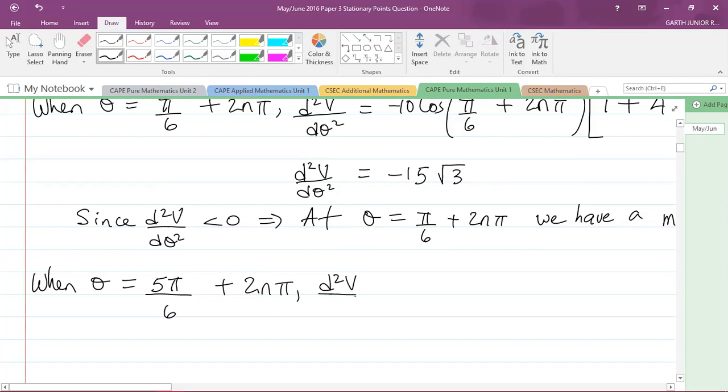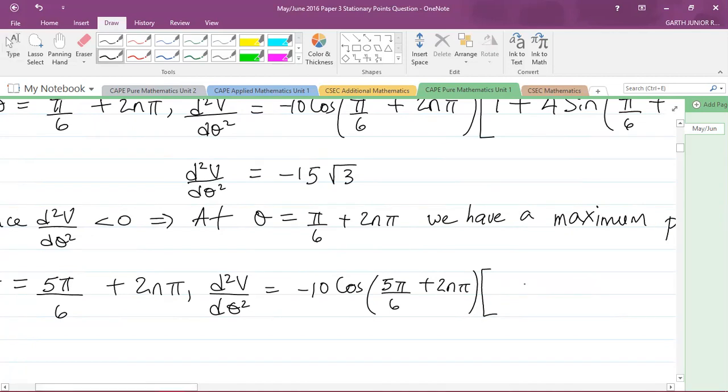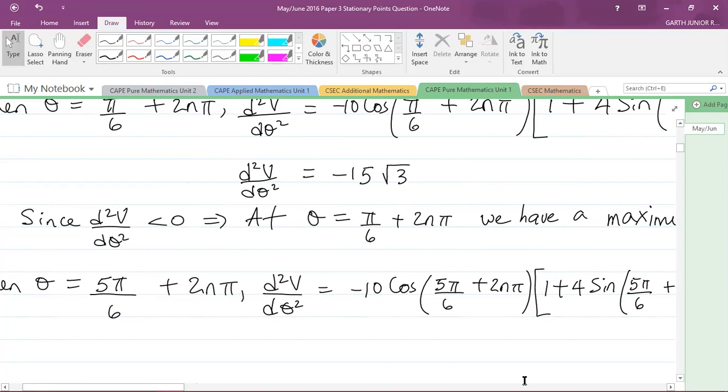The d2v by d theta squared is equal to negative 10 times the cos of theta, which is 5 pi over 6 plus 2n pi, multiplied by 1 plus 4 times the sine of theta, which is 5 pi over 6 plus 2n pi. All right, great. That is what we have.